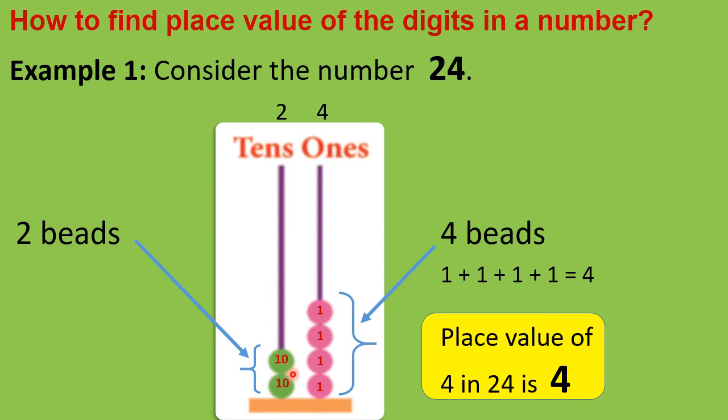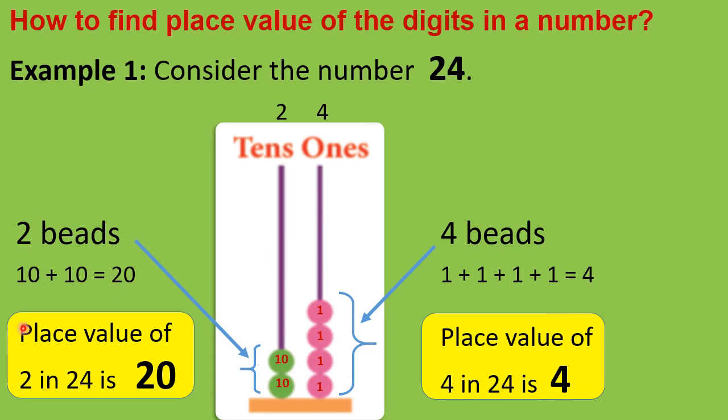So therefore the total value of these two beads together on the tens rod is given by 10 plus 10 is equal to 20, and therefore the place value of 2 in 24 is 20. So this is how we can find the place value of the digits of a given number.